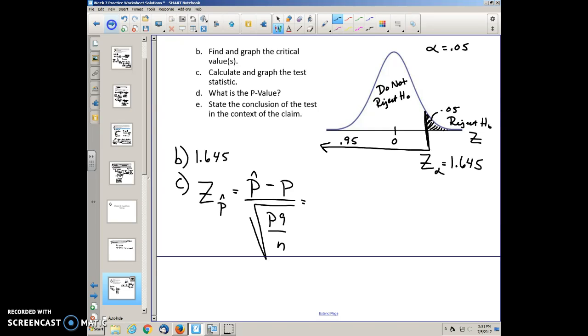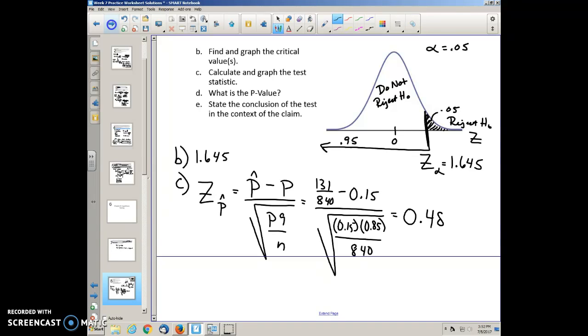P hat, looking back at the problem, is 131 out of 840, minus p, which is 0.15, divided by the square root of 0.15 times 0.85. Q is just 1 minus p, over 840, which is what n is. It's a z score, so we round to 2 decimal places, so 0.48.